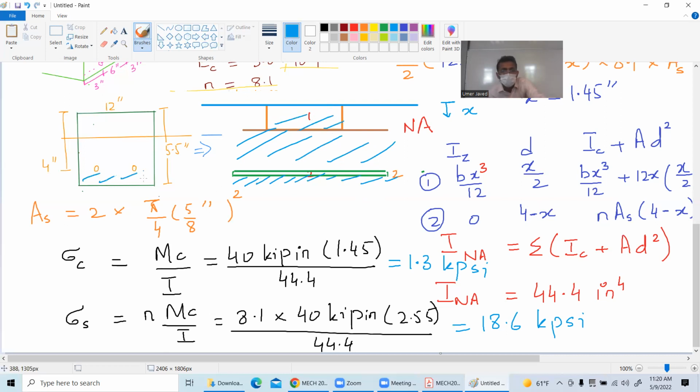So we are just converting the steel into the concrete, right? You can do it otherwise as well. In the last example that we did, you could have replaced either of the two materials with the other one, but this strategy is easy, by the way.